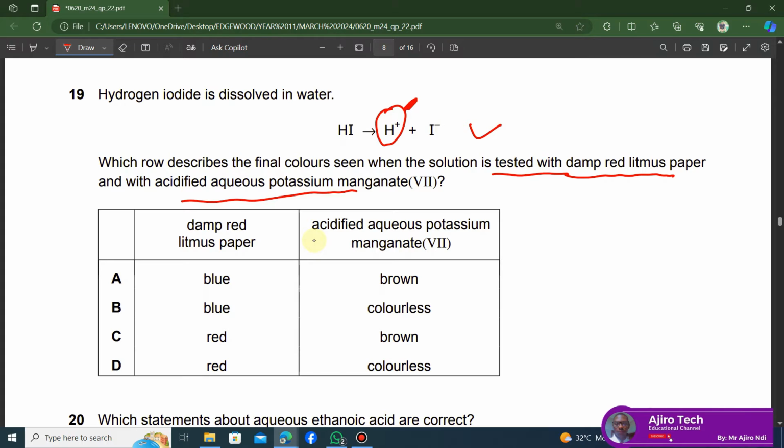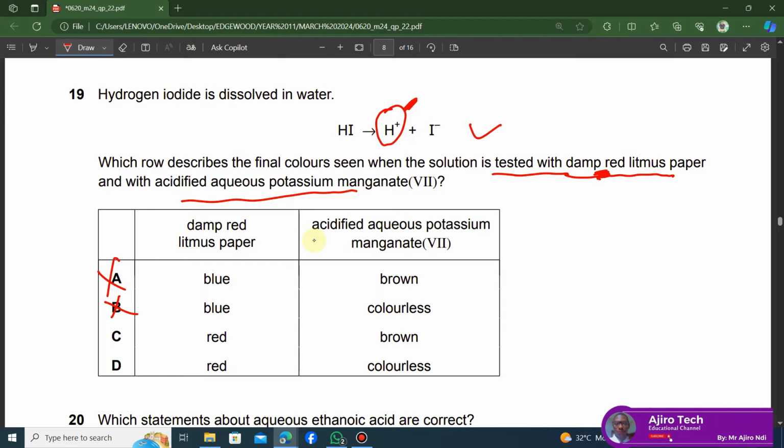When an acid comes in contact with damp red litmus paper, it remains red, because if it were a base, it would turn the red to blue. So I left options C and D.